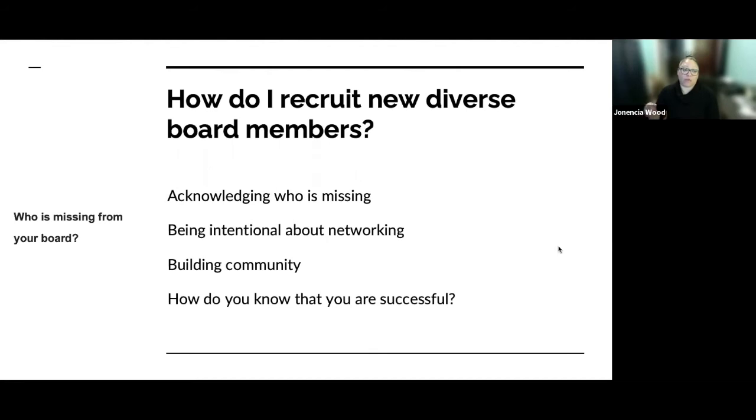So I will add a lens that this work has to be authentic, and it can totally be self-serving. We want our boards to be diverse because it is self-serving, but we also need to do it authentically and shift our values and start having those difficult conversations within leadership and your organization, whatever that means for you, vice presidents, et cetera, to really be thinking about how do we start changing the narrative overall?